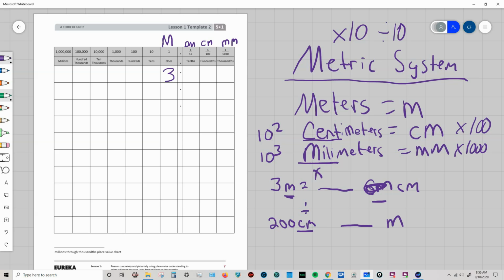So we go back up here now and look at the place value chart with 3 meters. We're going to move it 2 place values smaller, and it will end up in 1 times 10 times 10, and it ends up in here. That's one way to look at it. So we would want to consider this 300ths.